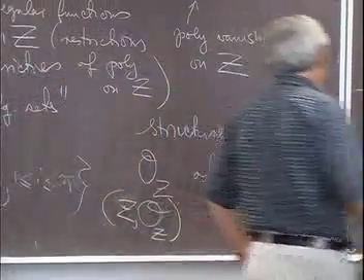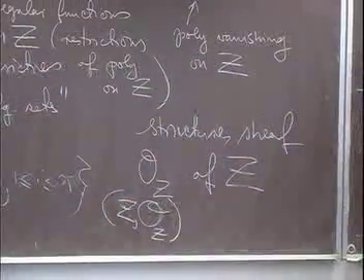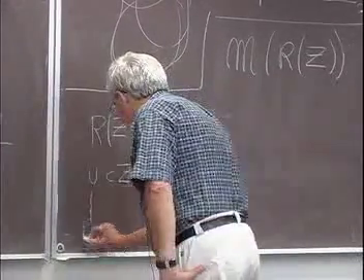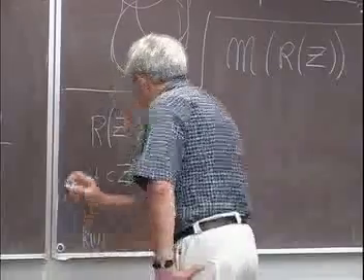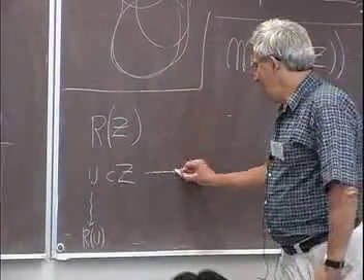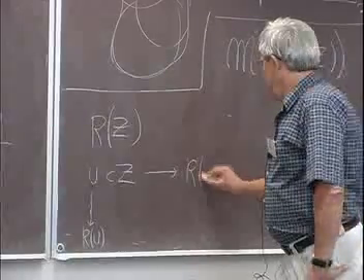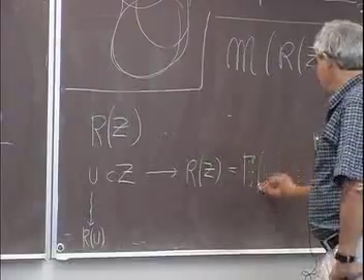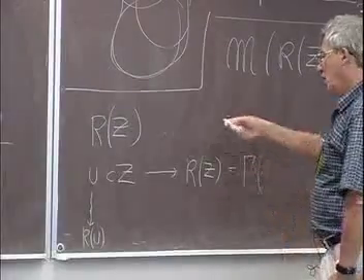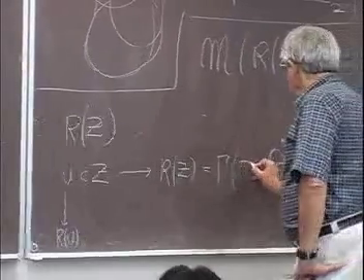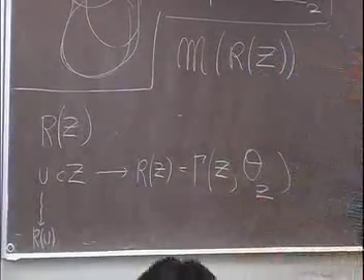The structure sheaf, let me remind you, attaches to any open set U in Z the regular functions on this open set, O of U. So if I take the whole Z, I get my R of Z, which is also denoted as the global sections of our structure sheaf O of Z on the full Z.